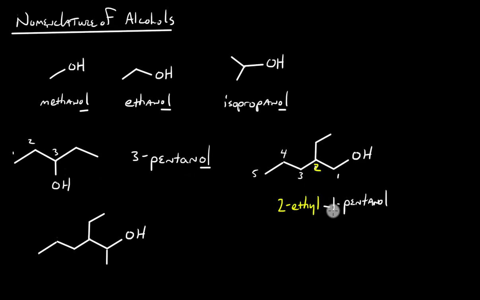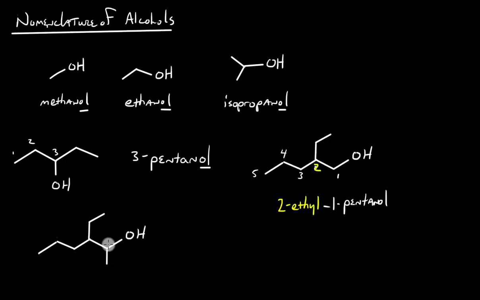Now this 1 might actually seem a little overzealous and a little bit of overkill, but let's give an example when it's actually very important to utilize this numbering. In this example, all we've done is change this 1 position from having 2 hydrogens to having a methyl. Now if we try to number here, we still need to utilize this OH in the parent.